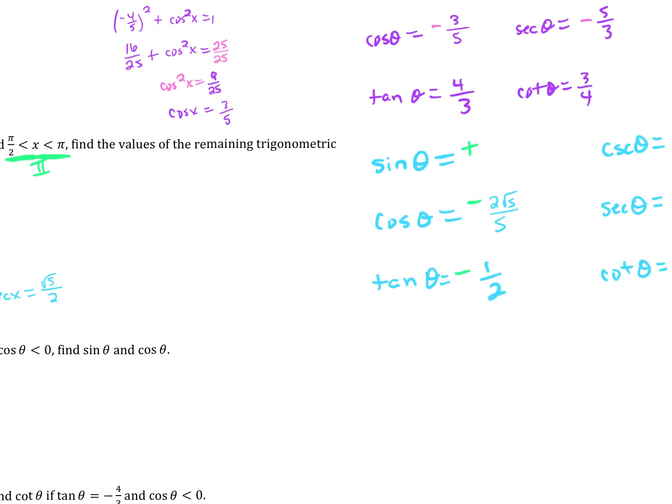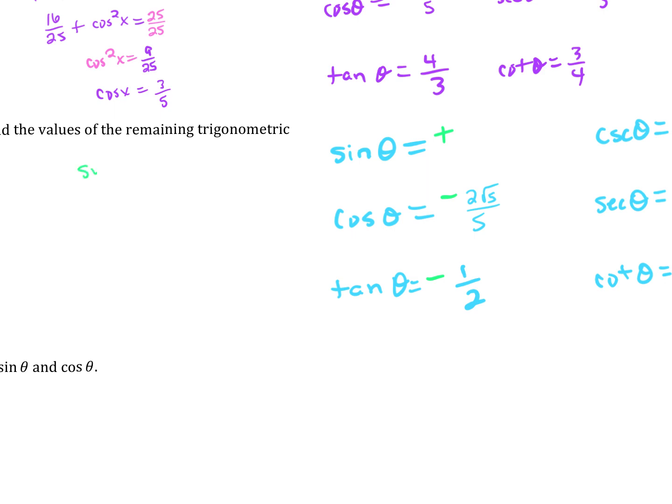So we're going to use the sine squared x plus cosine squared x equals 1. And that's squared. So I kind of want to highlight here for you to help.